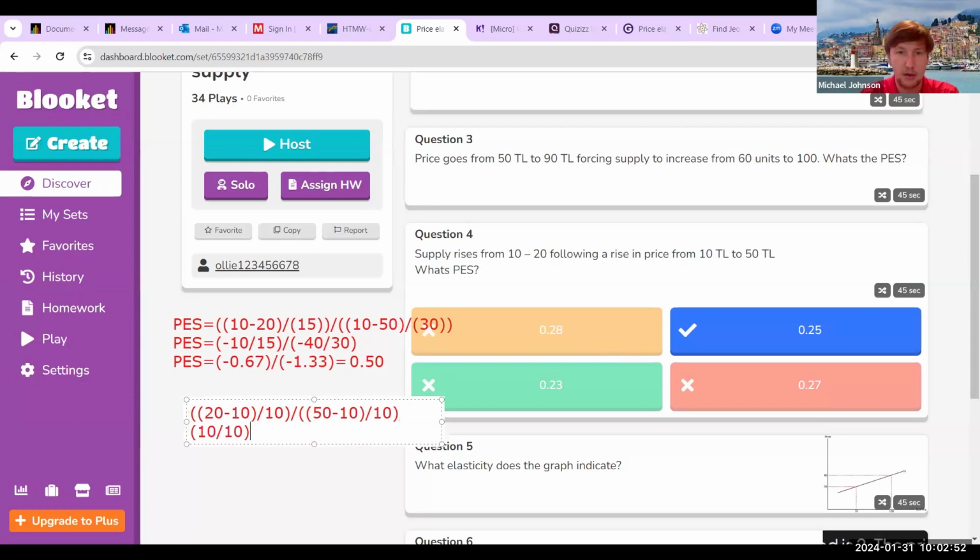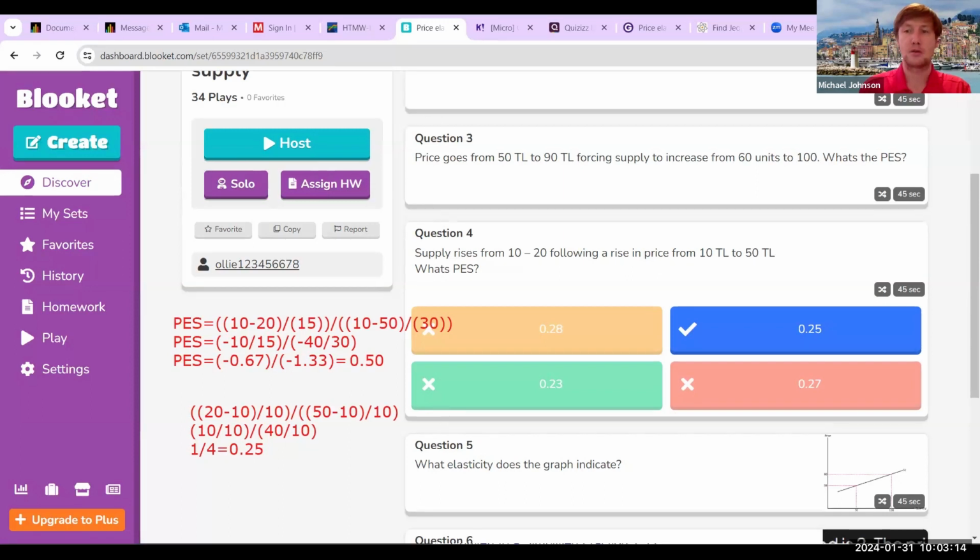So 10 divided by 10, divided by 40 divided by 10, which is 1 divided by 4, equals 0.25. So that would be if you did the percentage way. So it'd be 0.25 for price elasticity of supply in this case. So you get a different answer if you use the midpoint or the percentage method here.